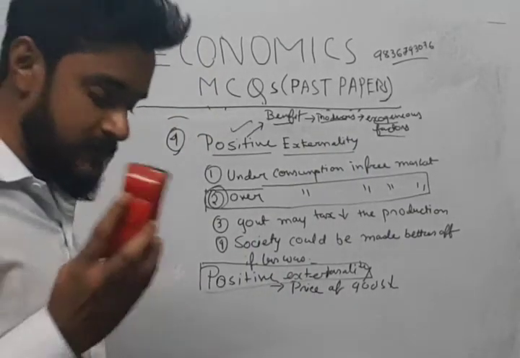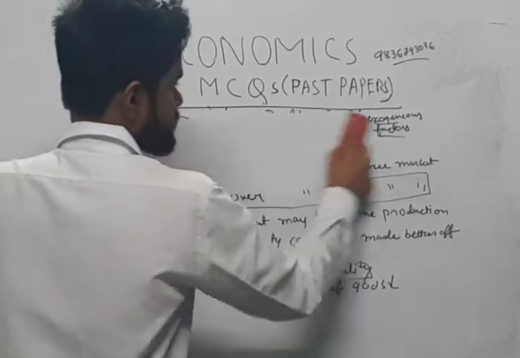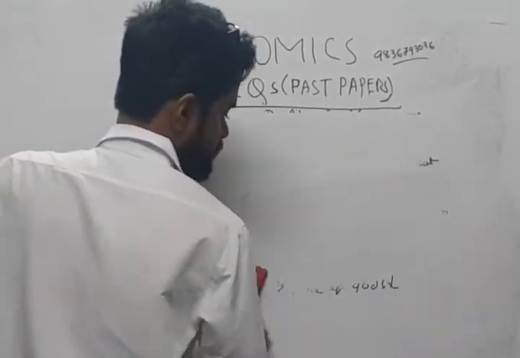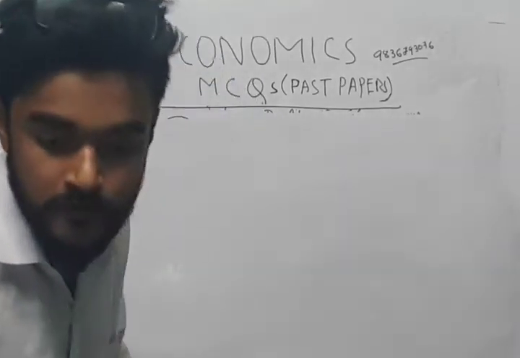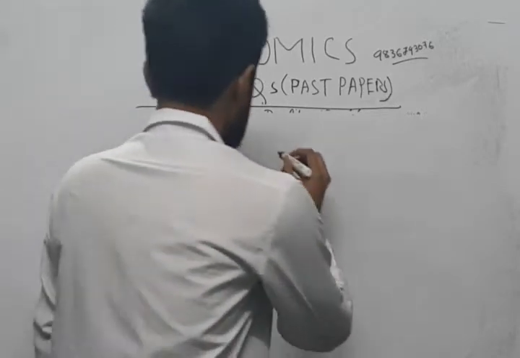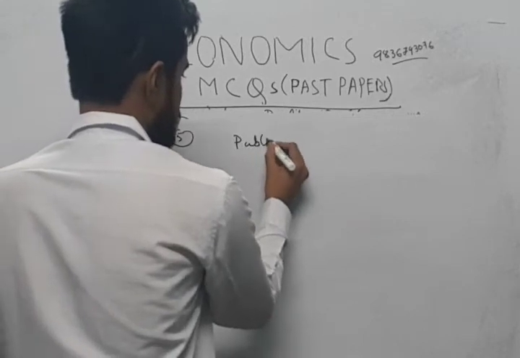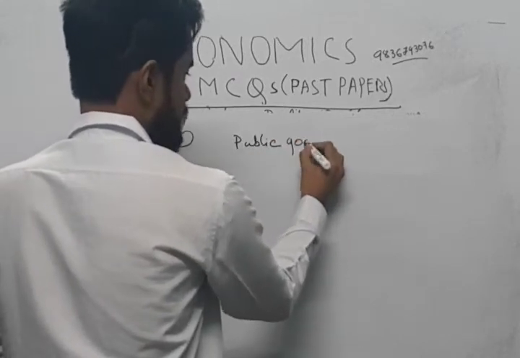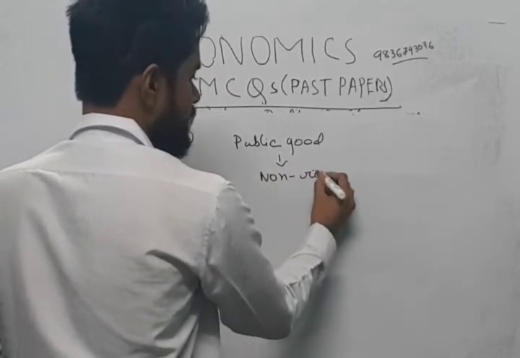so now we'll explain it. So allow me to rub this off first. We know two important features of public good is what? Non-rivalry.